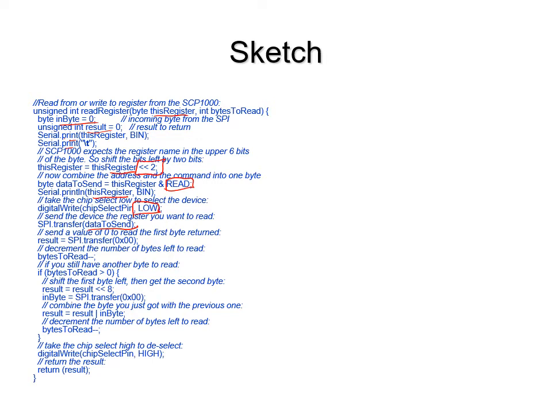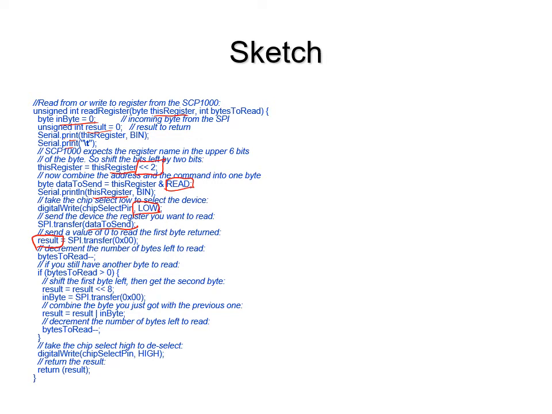Because we know that in SPI, the master and slave shift data in and out at the same time, therefore at the same time it will get the result from the Arduino board. Now you decrement the byte to read, because you may indicate the number of bytes to be read or written.